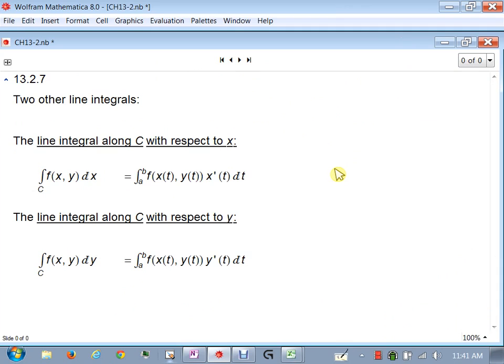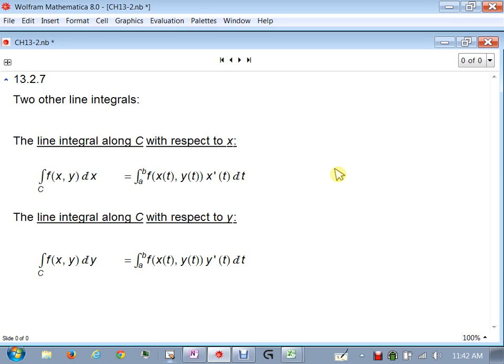All right, now there are two other line integrals that come into play, and we'll see later when. But we could do a line integral over C, but instead of doing it with respect to arc length, we could do it with respect to x. Now, geometrically, this is not necessarily going to be the same picture of the curtain that we had before, but we could still define it this way.